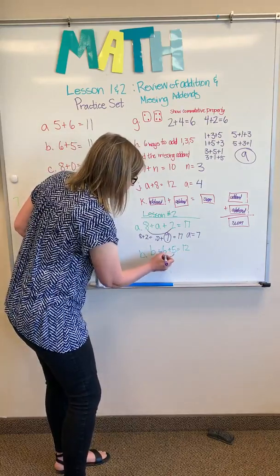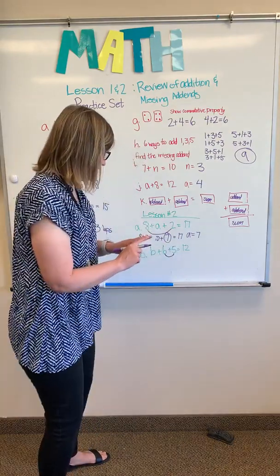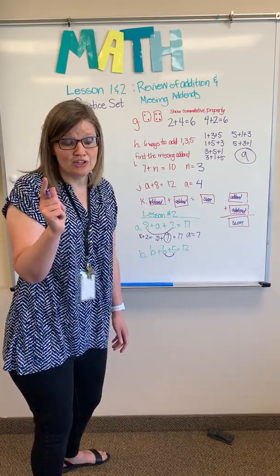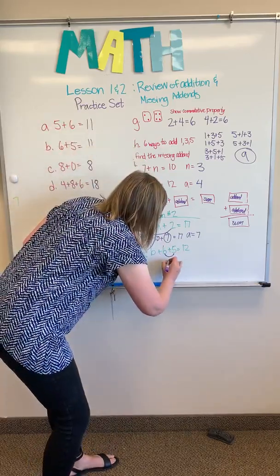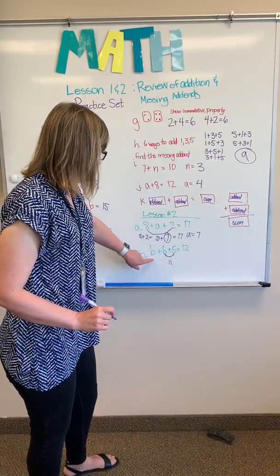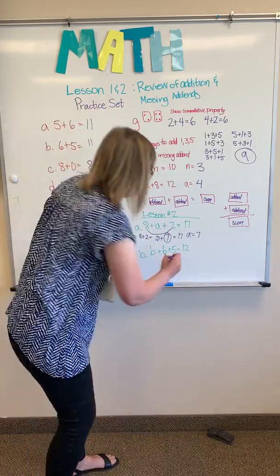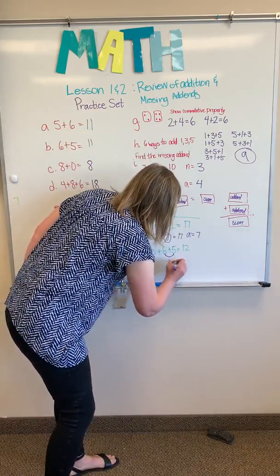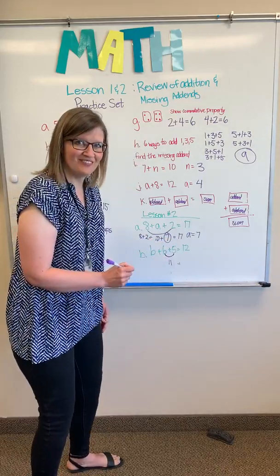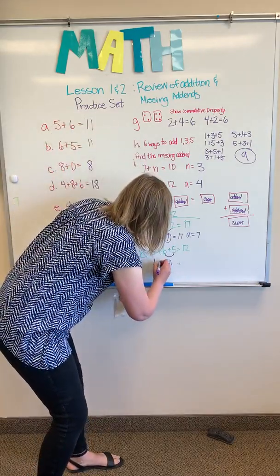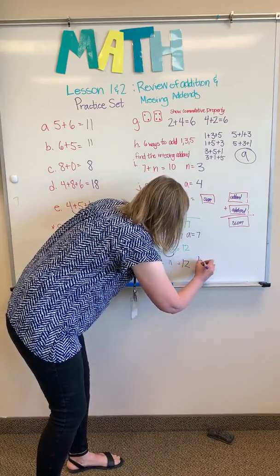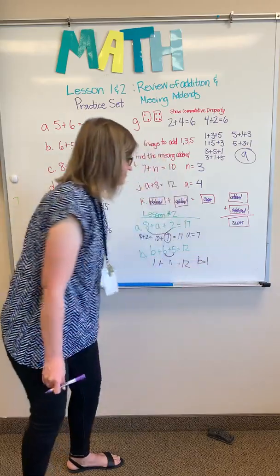I know that 6 plus 5, because I know my addition facts, is going to be 11. So something plus 11 equals 12. So what would be that something? You got it. 1 plus 11 equals 12. So B is going to equal 1.